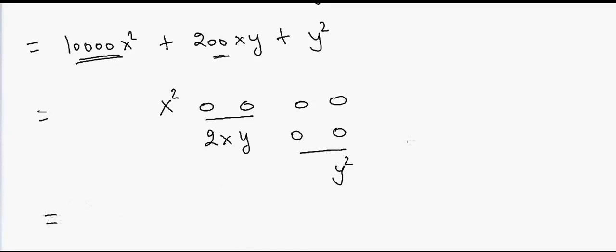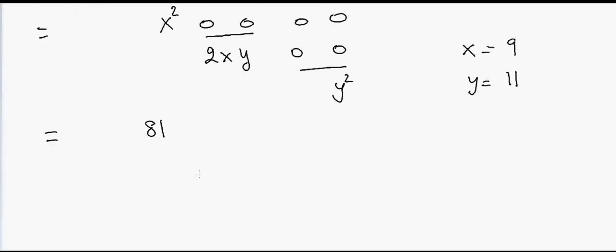Again, if I have x equal to 9 and y equal to 11, then you can see that 9 square is 81. So there is no limit for x square here, right? And then we have 2xy, so 2 into 9 into 11, that will be equal to 18 into 11, which is 198.